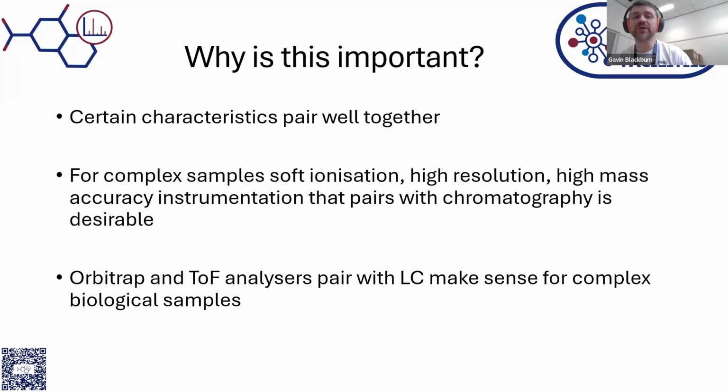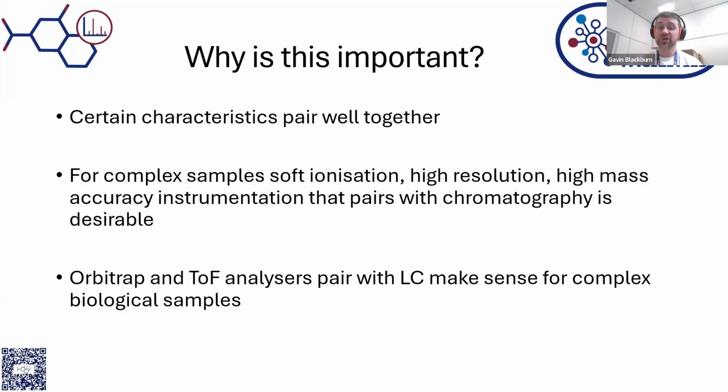So why is this important? Well, certain characteristics pair very well together. So in our case, soft ionization, high resolution, high mass accuracy instrumentation that pairs with chromatography allows us to run untargeted biological mass spectrometry.